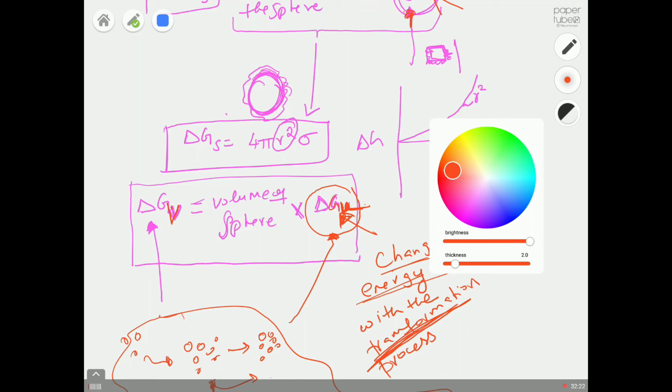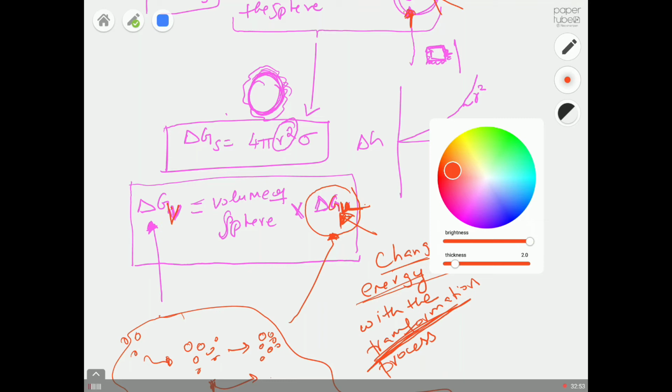If you have a liquid, it remains liquid because it has some energy that keeps it in liquid form. If you have a solid, that solid has some energy to keep it in its solid state. So when you create a solid from a liquid, you have some energy associated with that solid and some energy associated with that liquid.